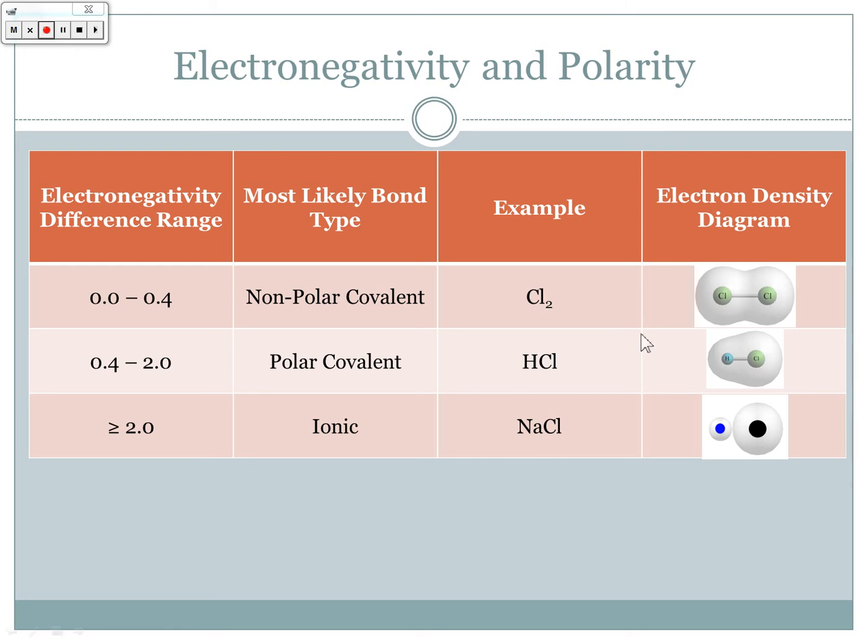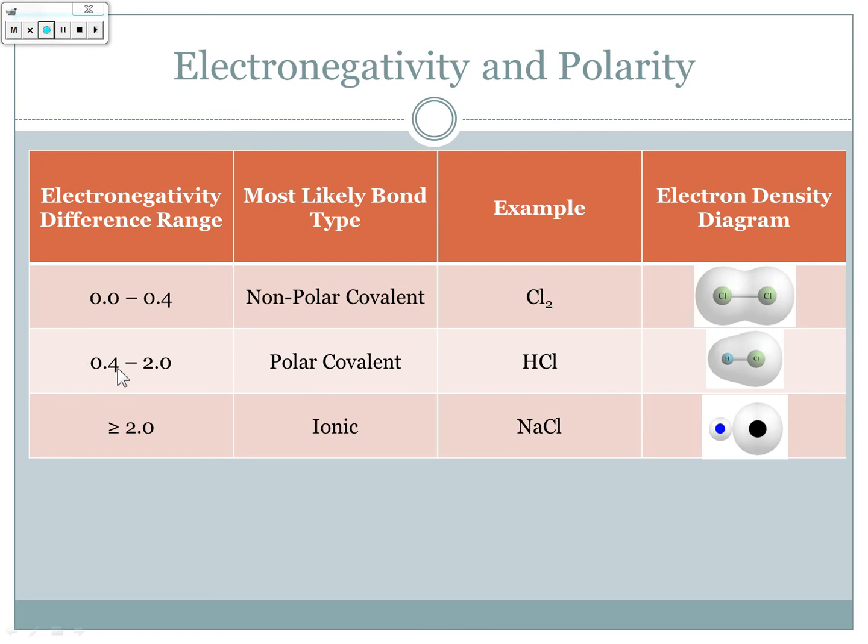For example, Cl2. Two chlorine atoms are going to bond together. They're going to share the electrons equally, which is why it looks like such an equal electron cloud. They have the same electronegativity because they are the same element, so neither one is going to attract the electrons more or less.